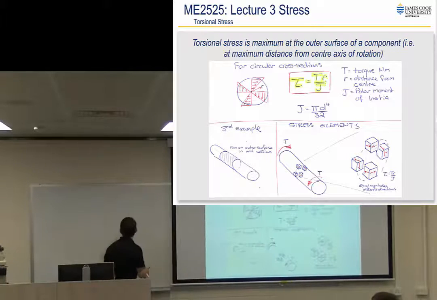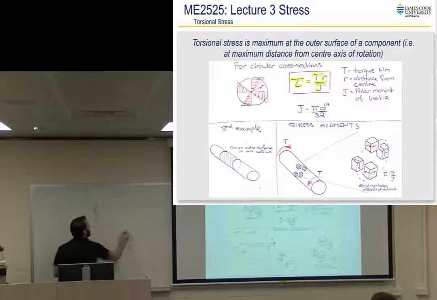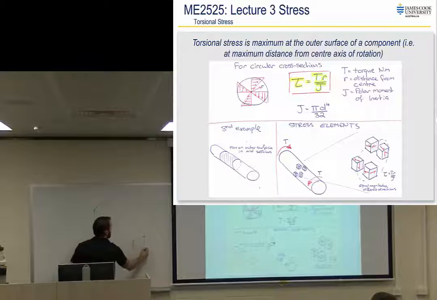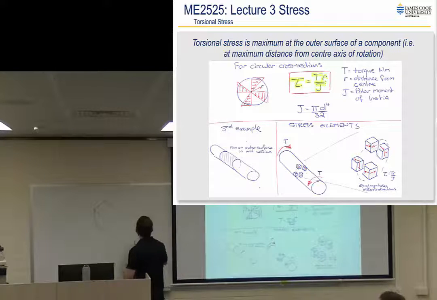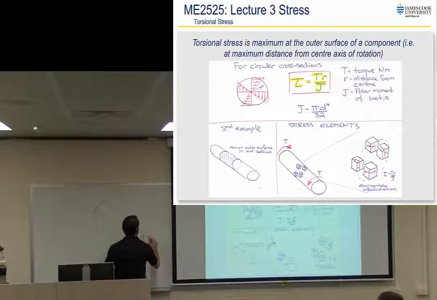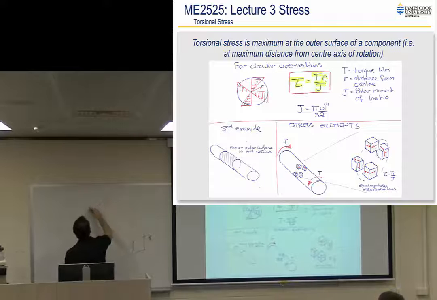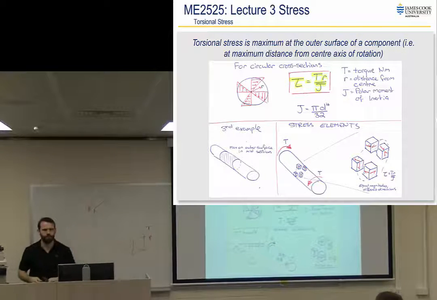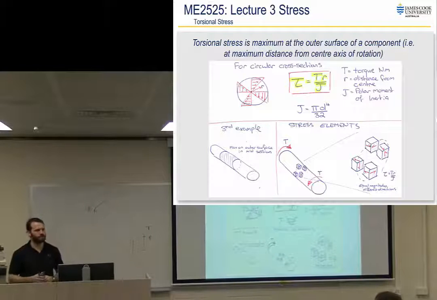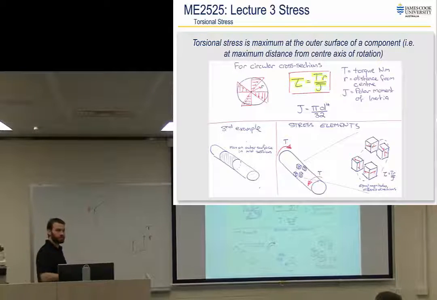Now, if I have a rectangular cross-section, and I'm applying a torque to it, where's the maximum stress? Corners?